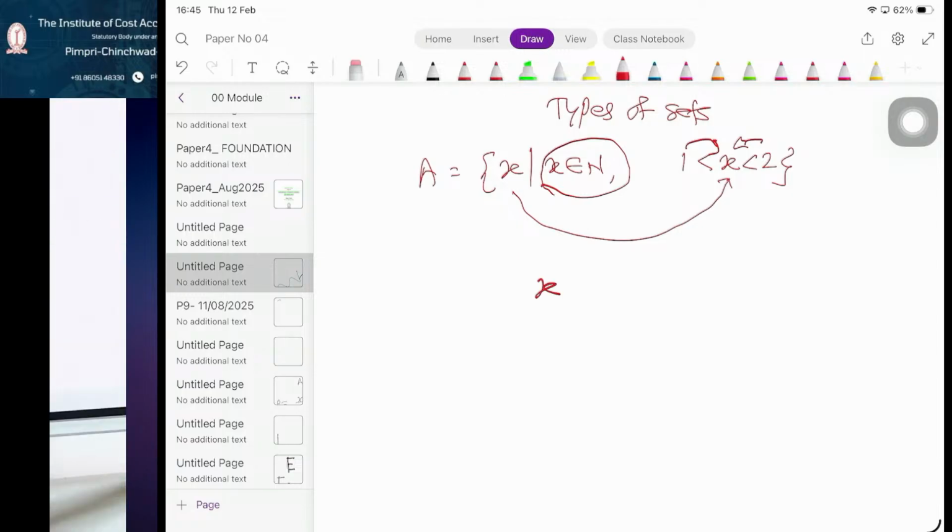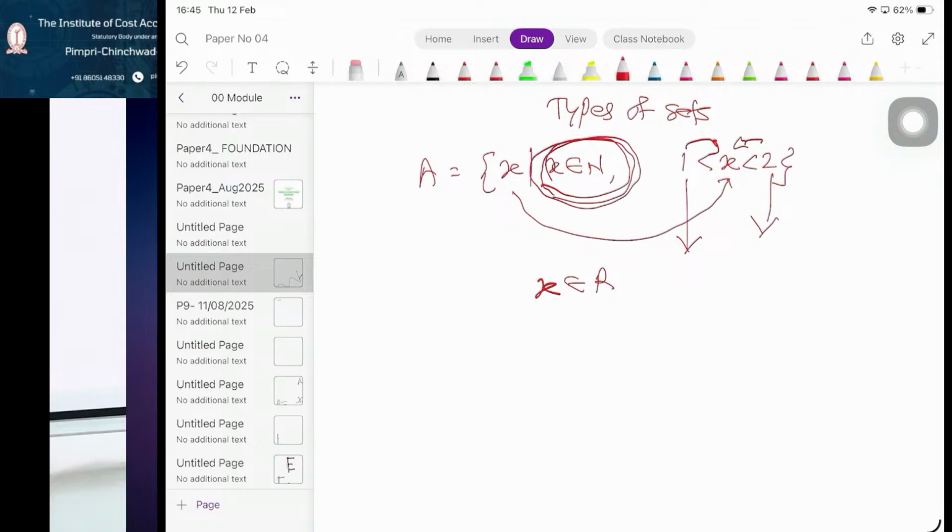If you define here X belongs to R, that is a real number, then definitely there will be the number of values 1.1, 1.2, 1.3, which is greater than 1 and less than 2, up to 1.99 or 1.9, whatever we say. But you have defined here X belongs to natural number.